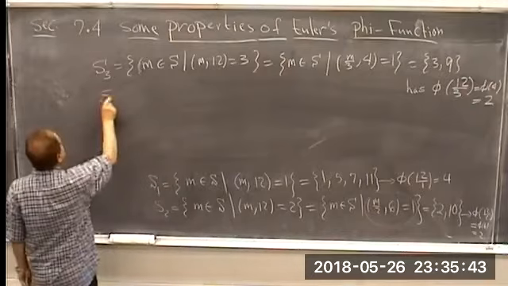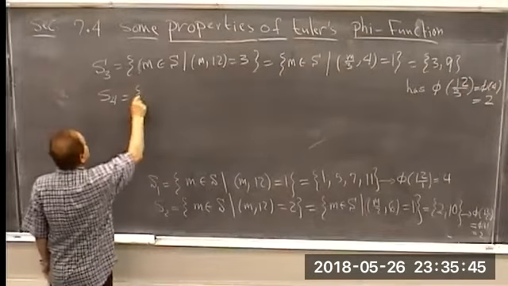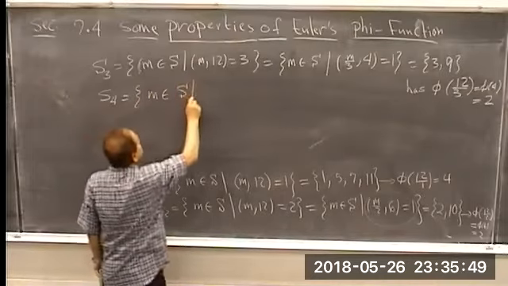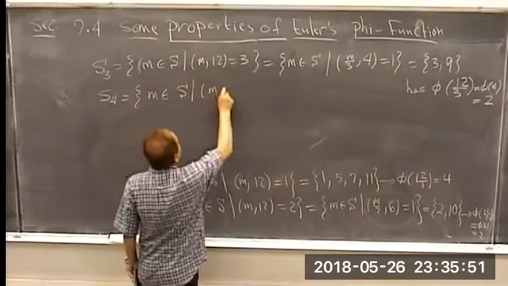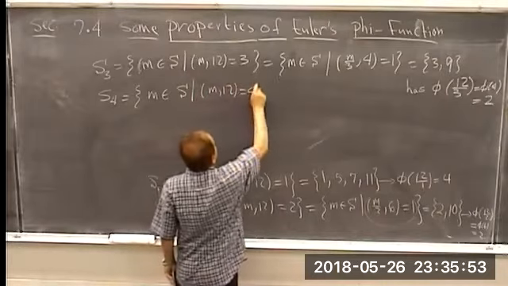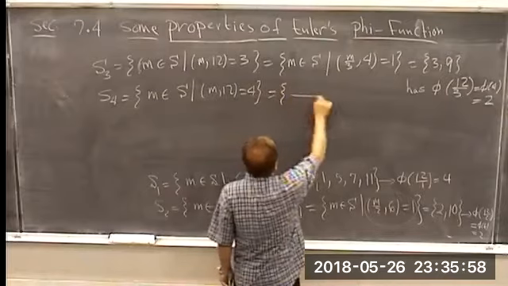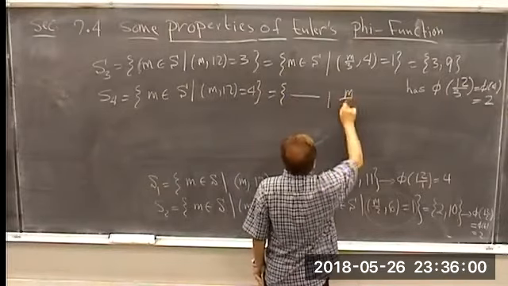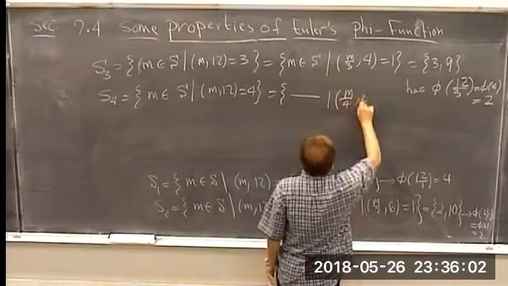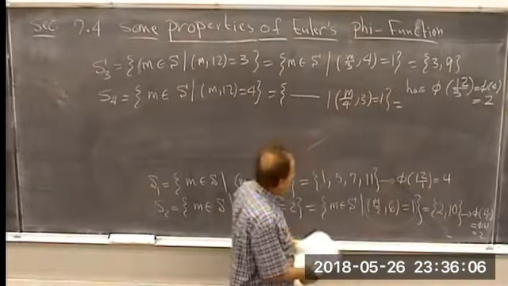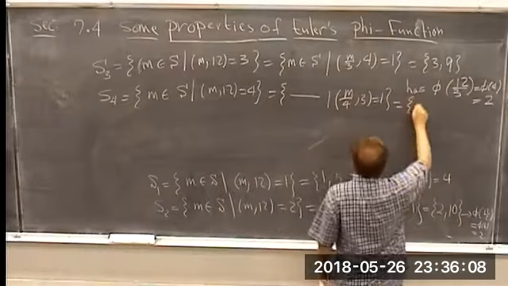S4 consists of m such that the gcd of m and 12 equals 4. Same thing here, such that m over 4 and 3 are relatively prime, and the integers that belong to this are 4 and 8.